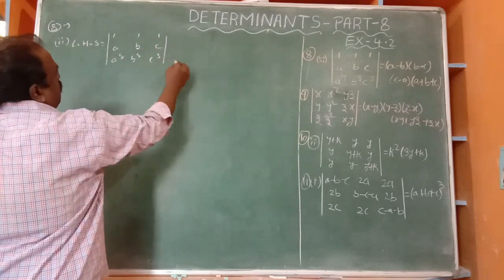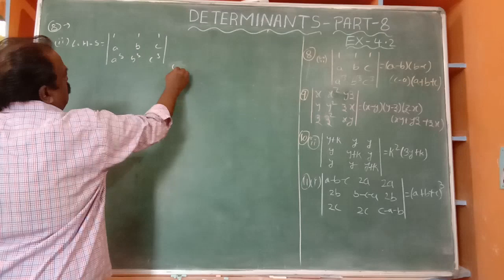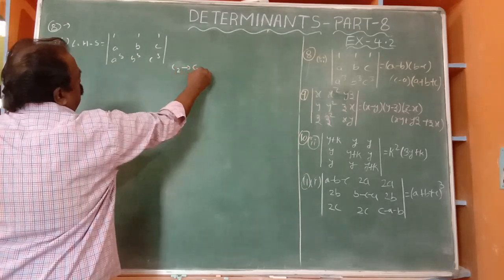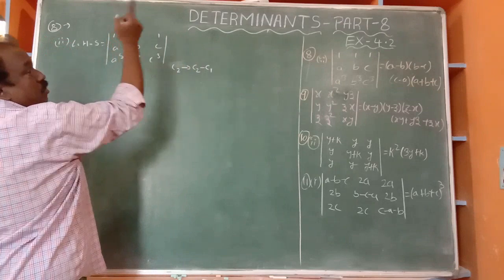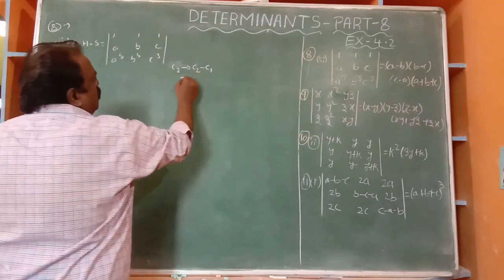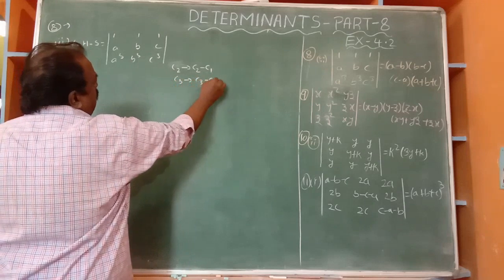Here I want 1 to be there. I am applying C2 as C2 minus C1. You will agree, 1 minus 1 is 0. Similarly, C3 as C3 minus C1.